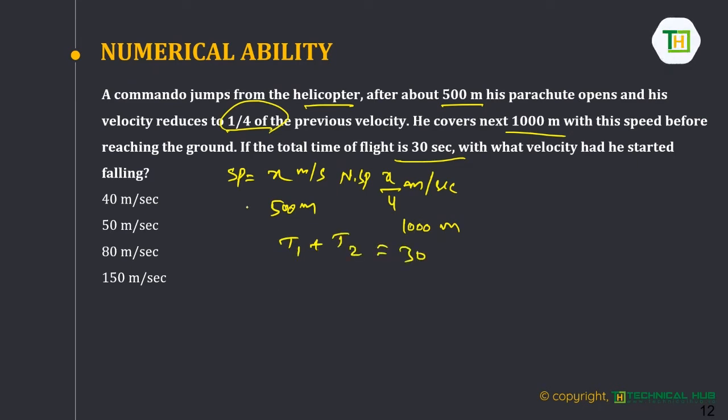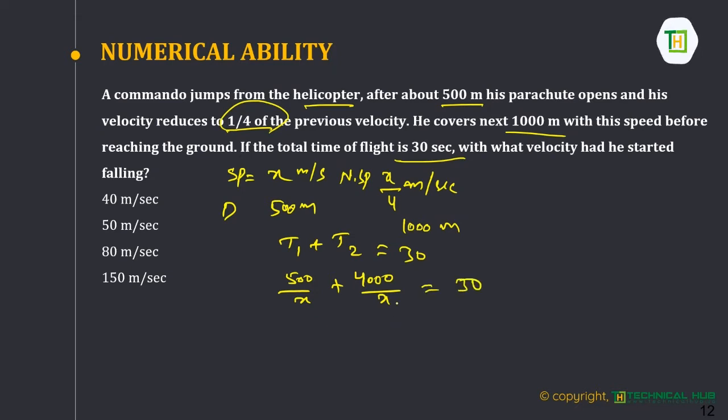Now, time is distance by speed. Initial distance 500 by x, plus 1000 by x by 4. The 4 goes to the numerator, 1000 into 4, which is equal to 30.